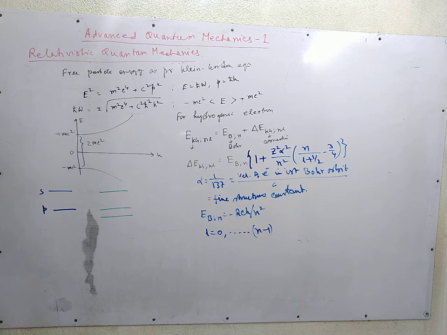One important thing is the spin. The splitting of energy levels due to the relativistic effect is called the fine structure splitting. So this is the fine structure splitting of the energy levels as per Klein-Gordon theory.